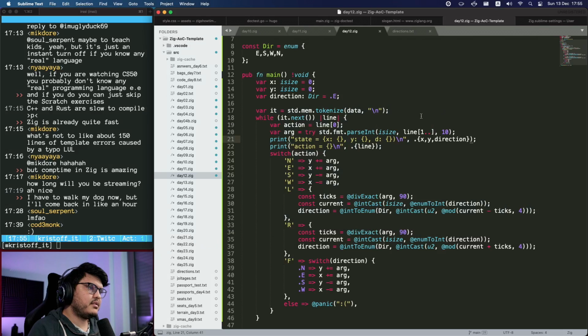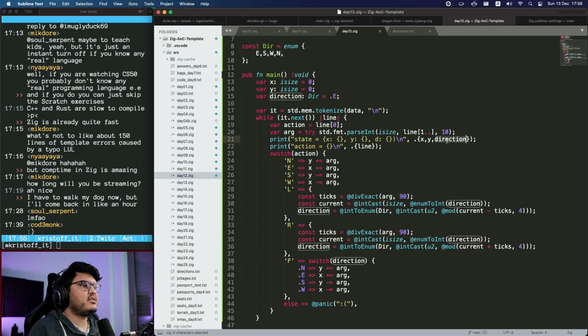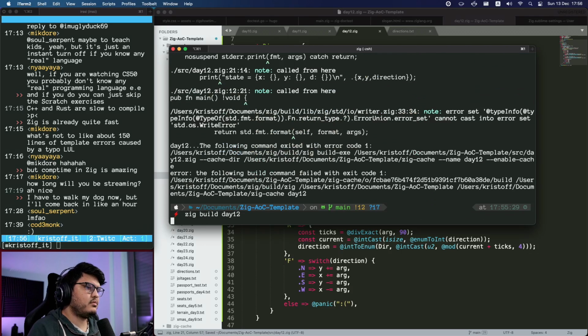Errors: expected something, got something else. What did you expect? Expected dot or what? Is this because of the direction?